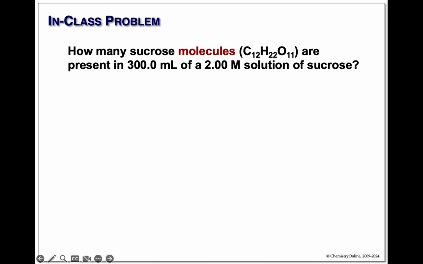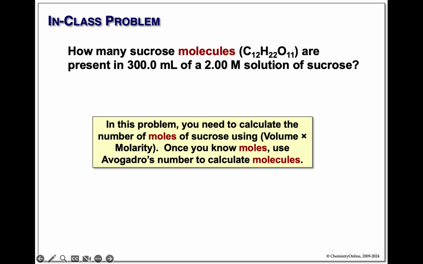You can also bring Avogadro into this. Okay? How many sucrose molecules, this is sucrose, that's table sugar, are present if we have a 2 molar solution and we have 300 mils of it? Well, the way to do this is to figure out the number of moles of sucrose that you have.